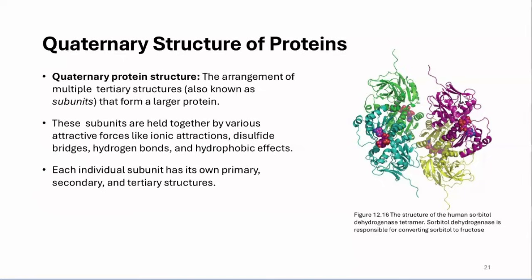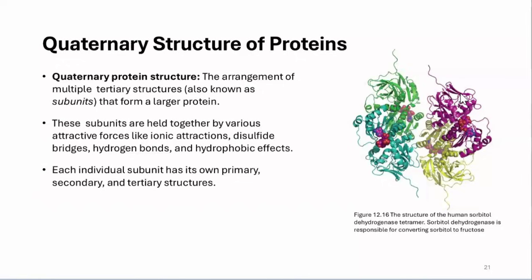Quaternary structures are the arrangement of multiple tertiary structures, also known as subunits, that form a larger protein. In a quaternary structure, subunits are held together by various attractive forces that can include ionic attractions, disulfide bridges, hydrogen bonds, or even hydrophobic effects.